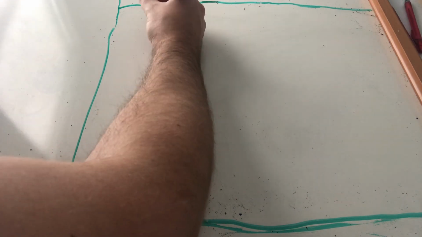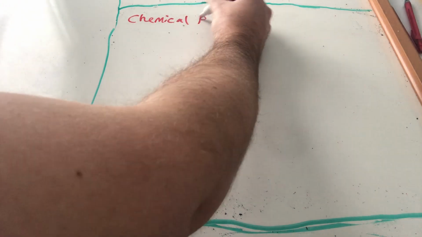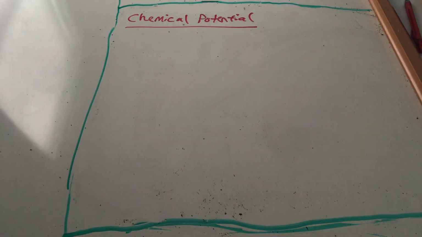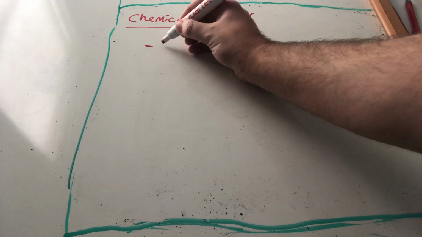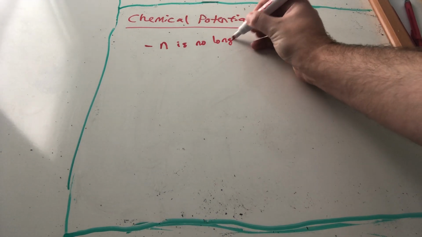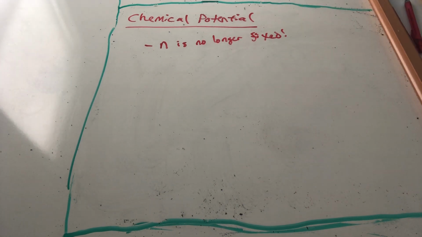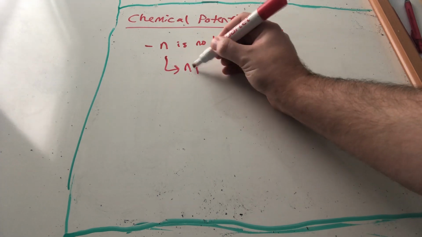The thing to remember about a chemical potential is it has this mathematical definition. It actually has two equivalent definitions. But the thing to remember about it that's different now is we have to build in the idea that N is no longer fixed. It's not necessarily that N total isn't fixed, so N total might be.